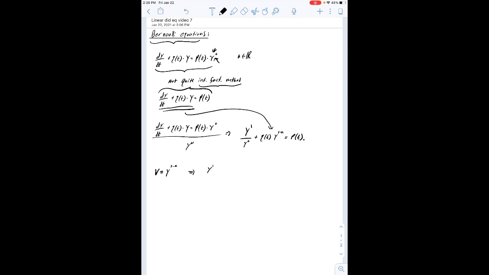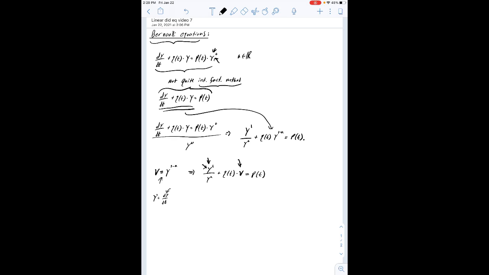So we get y prime all over y to the a plus q of t times v is equal to p of t. So this is looking a little better, right? But we have two variables now. So this is in terms of two different variables, y and v. So let's figure out what this y prime would be. So y prime is the same as dy over dt. So let's just take a derivative of my v on each side.